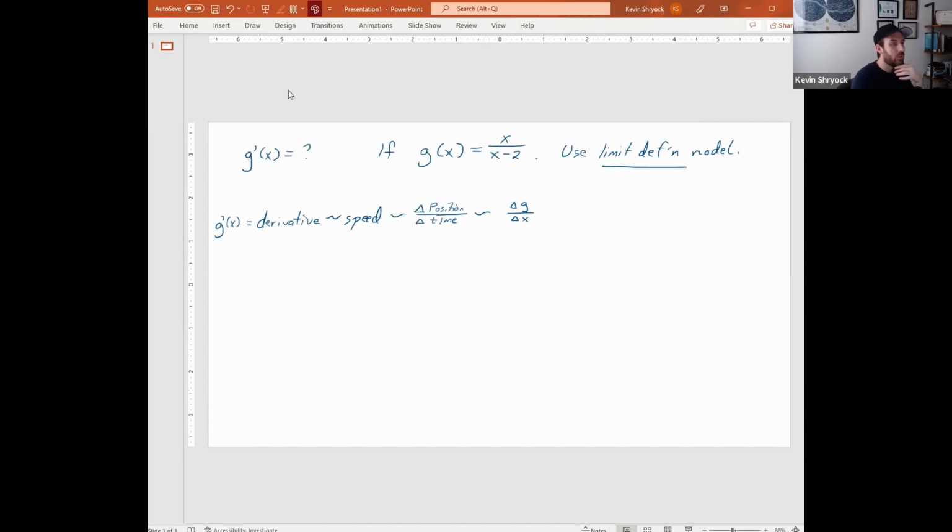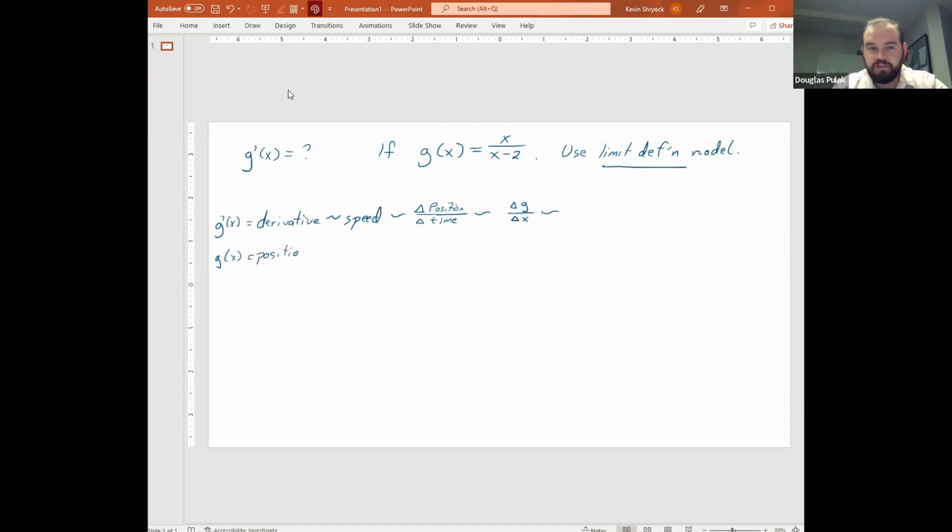Correct. Okay, so that means if I want to figure out how they... go ahead. Yeah, no, the function there is your position. Good. So in order to find the difference in position, you would have to take one value of it and subtract it from the other.